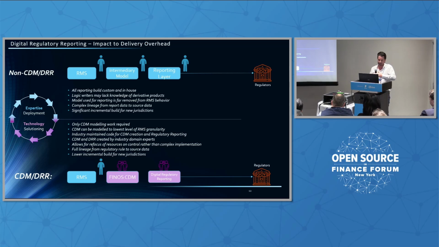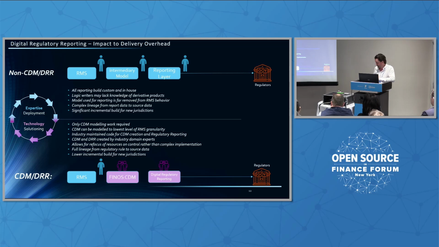But ultimately, the main benefits here are, if you wanted to build from scratch and you haven't got CDM and DRR, the main work you've got to do is your CDM work, like modeling your risk management systems to CDM. There's a wealth of resource out there to help with that, and forums as well. CDM and DRR is created and maintained by industry experts, so you'll find a lot of the work is already done.